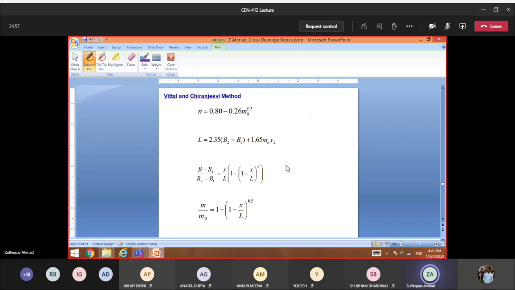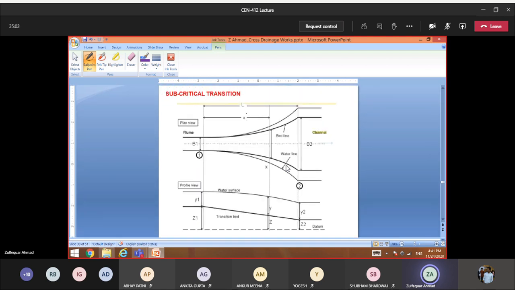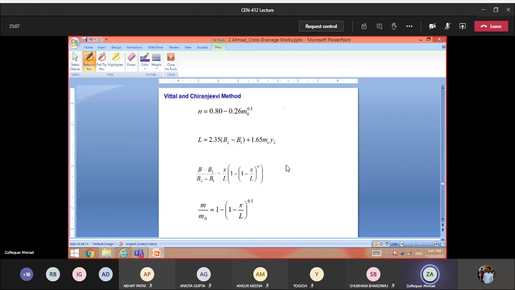So see here, this M naught is the side slope at the end of the transition, right? You can get the value of the n. n is not the Manning coefficient, this is just a parameter. Then you can calculate the L. So L in this case is of course the bed width difference multiplied by 2.65 plus this, right?